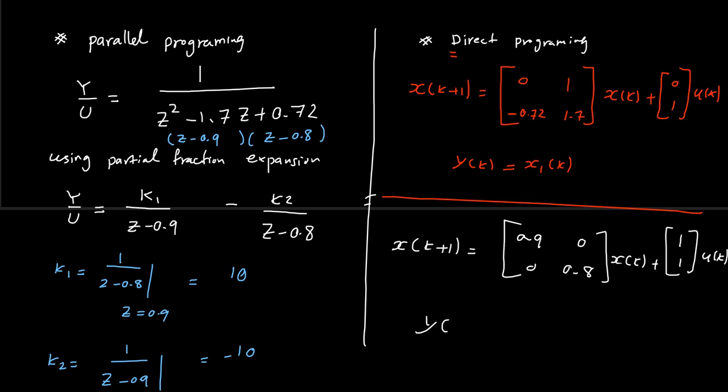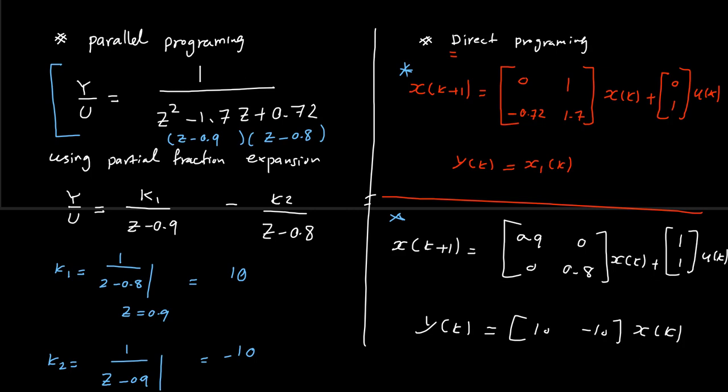Now y of k was equal to [10 minus 10] x of k. Now this is very interesting because those are two different state space representations for the same transfer function, or the same system, which we can conclude means that the state space representation is not unique. So for the same system we can have different representations.